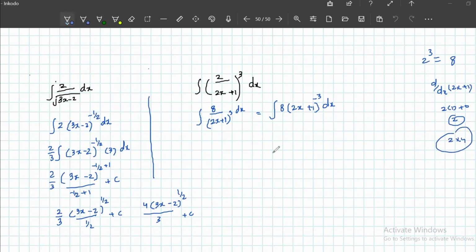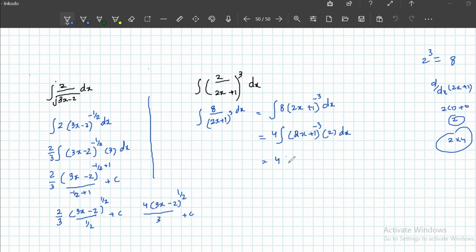So I would say that 4 and (2x plus 1) power minus 3 times 2. Remember that 4 multiplied by 2 gives us 8, and this 2 we need to apply the integration for integration of the form (ax plus b) whole power n in such conditions. So now our derivative is already there, which you can see that we can add 1 in the power and divide by the same power.